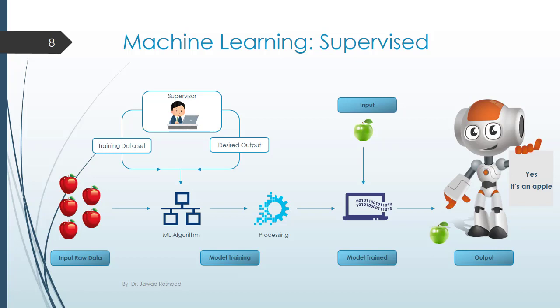You can see there are different apples, and we are feeding them to the machine learning model, and then the model tries to train itself on that data. On the other hand, as a part of the algorithm, we have a supervisor who keeps on correcting the machine, who keeps on training the machine.